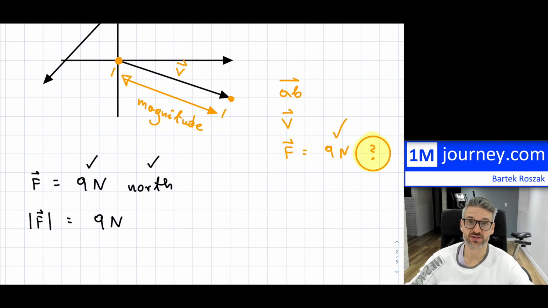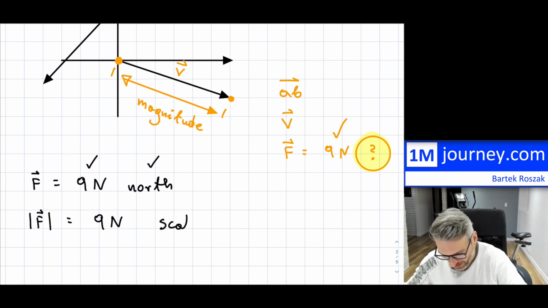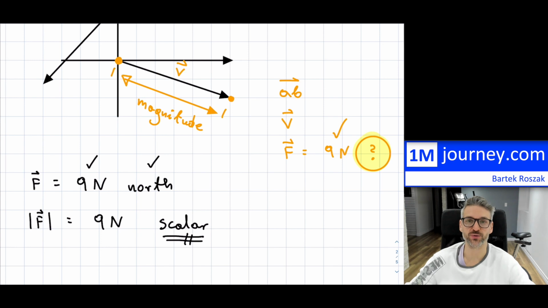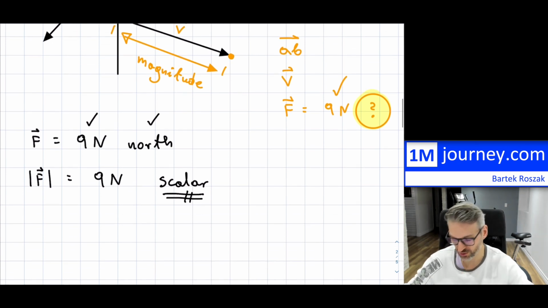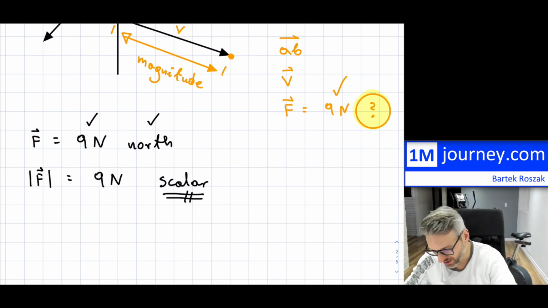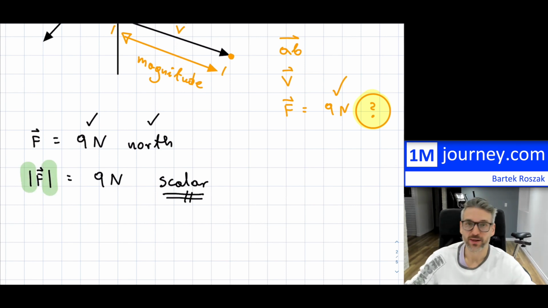And that is in scalars. So the magnitude is a scalar where you're just interested in the value itself and you want to remove the direction entirely. So that's what this would be. And this is pretty interesting if we wanted to know what the magnitude is. You can certainly use this abbreviation with the absolute value brackets to find out what that magnitude will be.